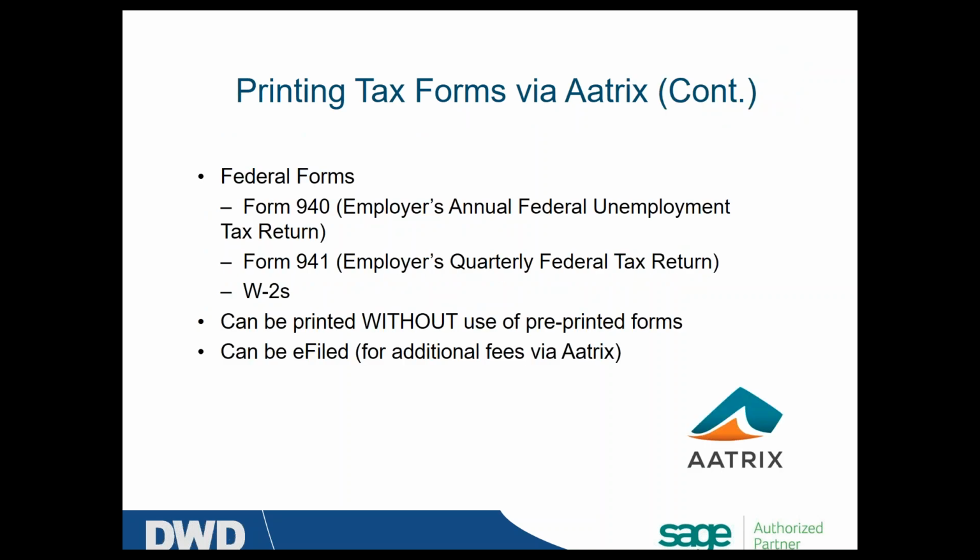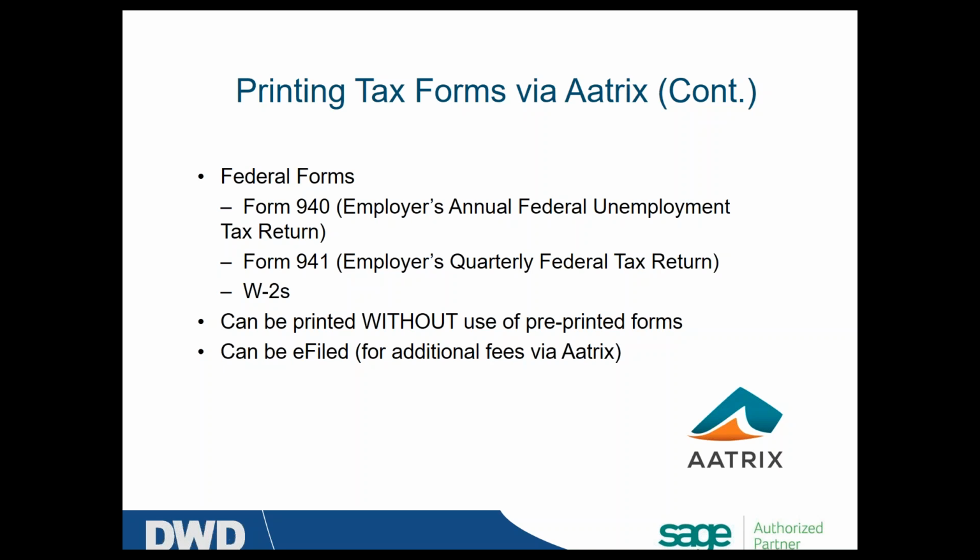What kind of forms can we get out of Atrix? If you haven't used this before, we have a wide variety of forms that we can get to. We've got federal forms and state forms, most of which can be printed without the use of pre-printed forms anymore. Almost everything except for pretty much the 1099s may go on plain paper.